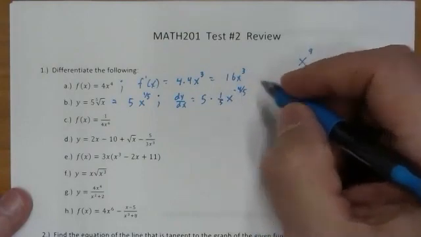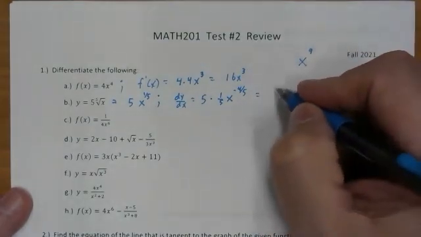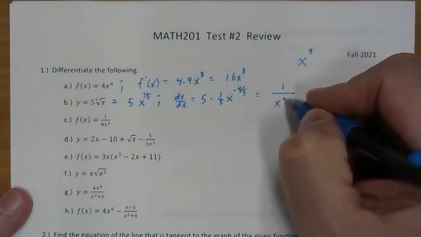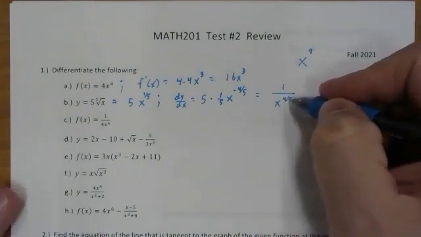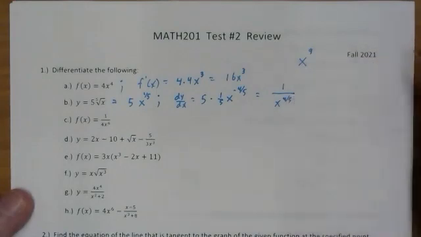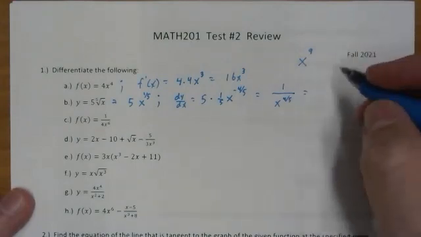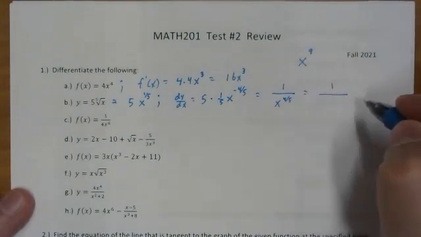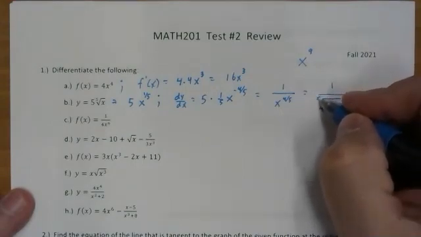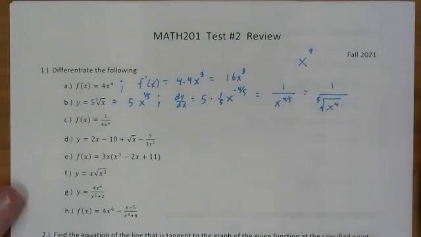And I should go ahead and get rid of this negative exponent. Now you could probably leave it like that on the exam, but if you want to change it back to a radical, it would be the 5th root of x to the 4th.